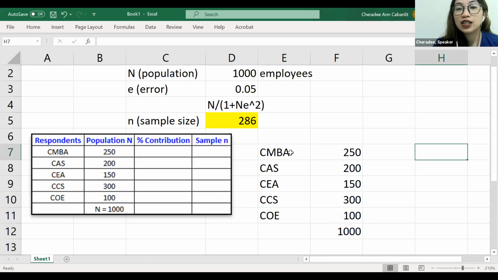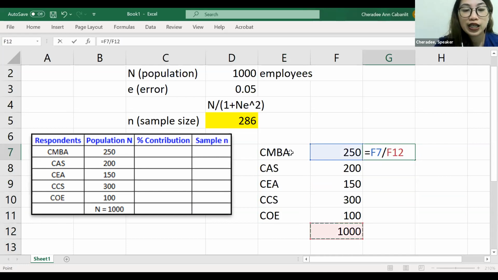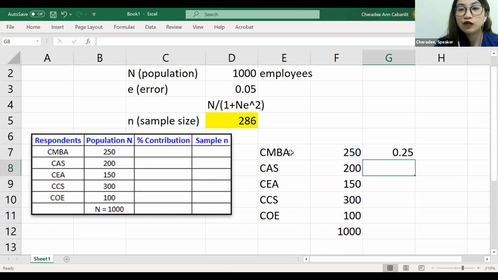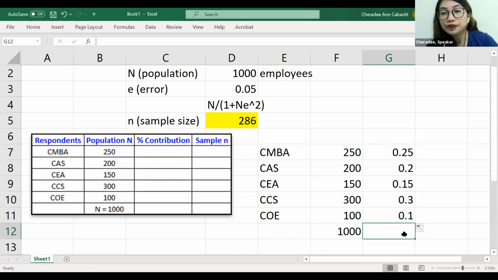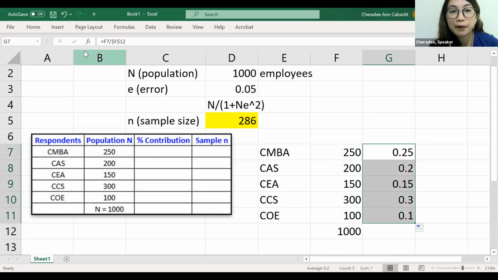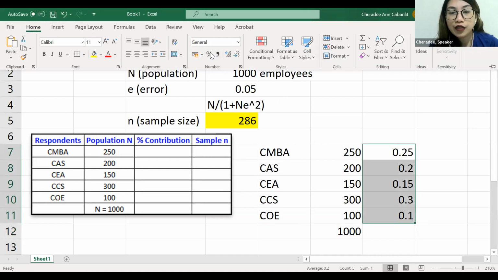Now you have to get the percent contribution. How do you get the percent contribution? 250 divided by your total. So you just have to fix the value of 1,000 so that you can drag it. So that means you are to distribute 25% of the questionnaires to the College of Management, Business, and Accountancy.